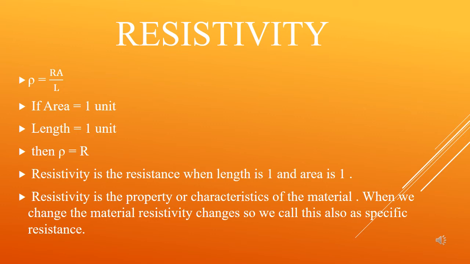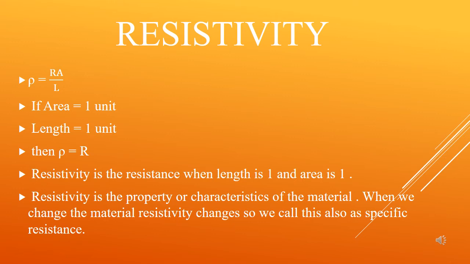But if we change the material, we find this value of resistivity is different. Again change the material, the value is different. So this is a property or characteristic of a material. When we change the material, resistivity changes. So we also call resistivity specific resistance.